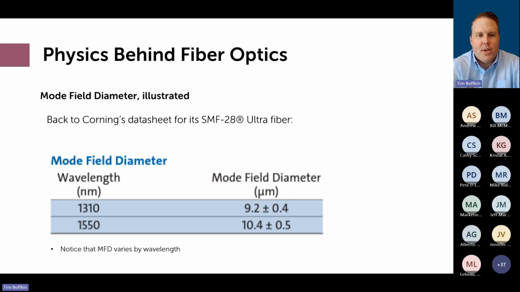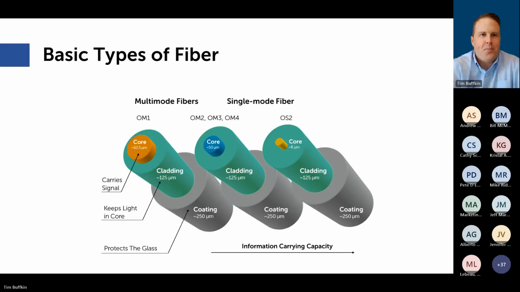It's important to notice that it changes depending on the wavelength. At 1310 nanometers, the mode field diameter is smaller than at 1550. At 1310 it is 9.2 microns, plus or minus 0.4. At 1550, it is 10.4 microns, plus or minus 0.5.